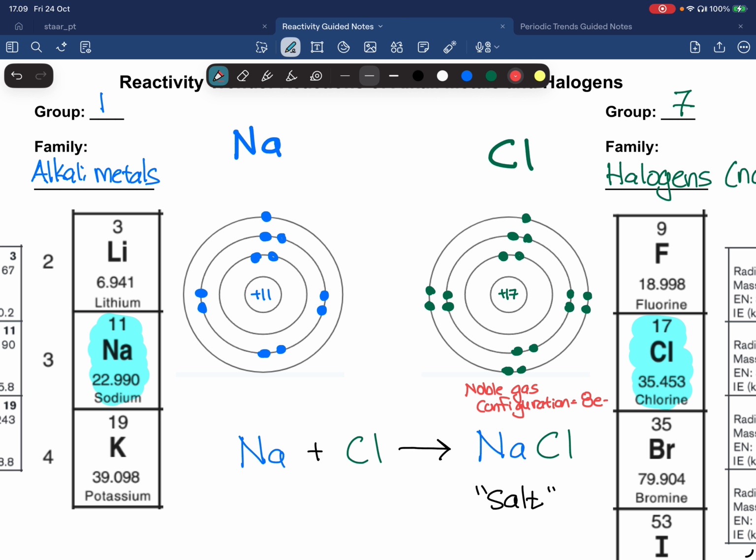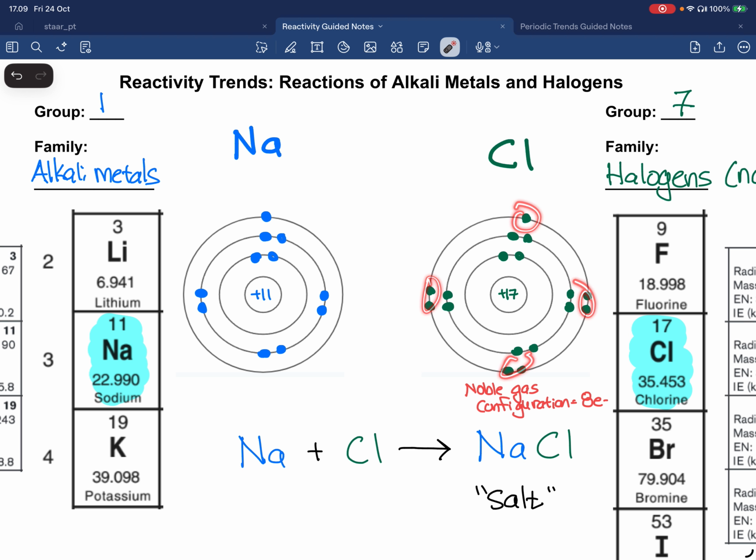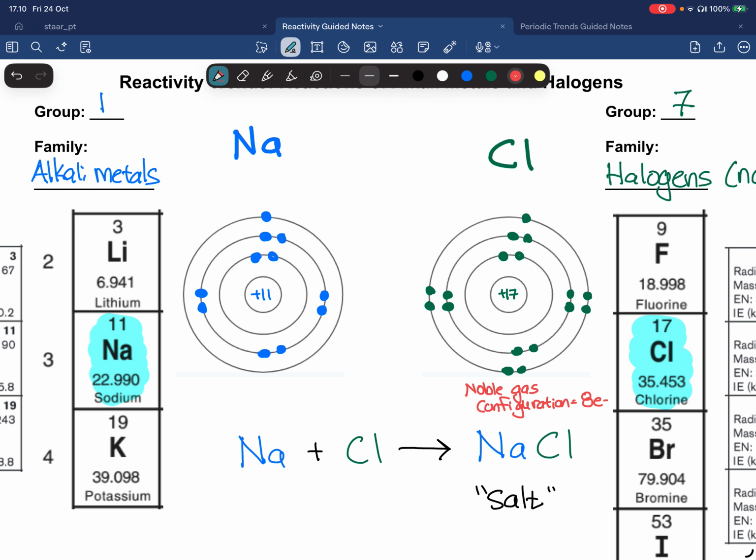If you look, chlorine is almost there. It's got 2, 4, 6, 7. Sodium's a long way away, but here's the thing. If it loses that one right there, then it has 2, 4, 6, 8 in the next shell. So all chlorine needs to do is to take this electron and give it away to that one. All right? So that's basically what it does.